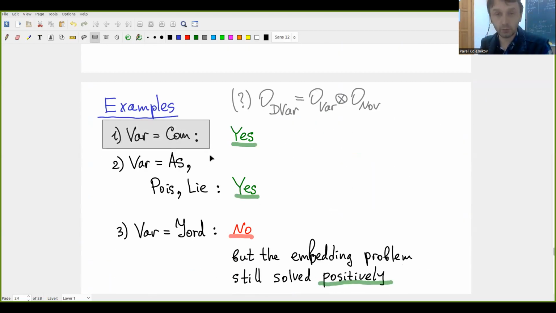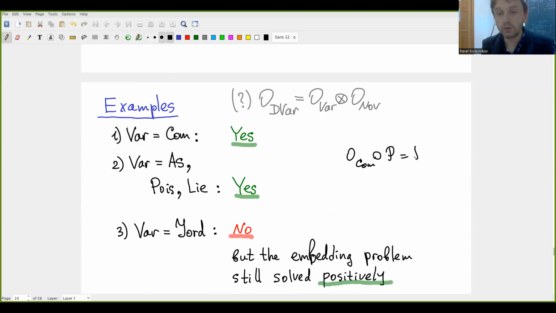This is the simplest one, because if Var is commutative, then O com times any operad P is just the same as P, and this is the same as O com Hadamard P. The operad of commutative algebras acts as an identity, but also associative, Poisson and Lie algebras, and Novikov algebras, they also have equality.